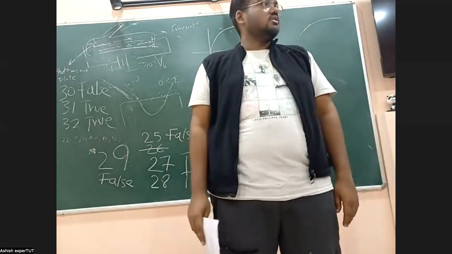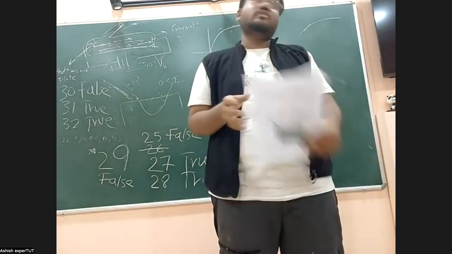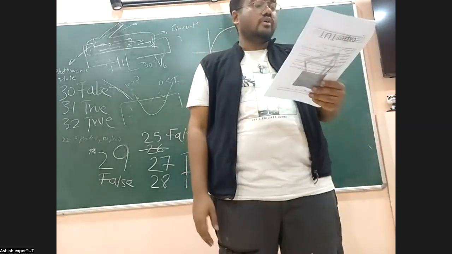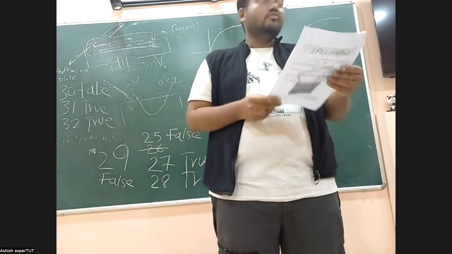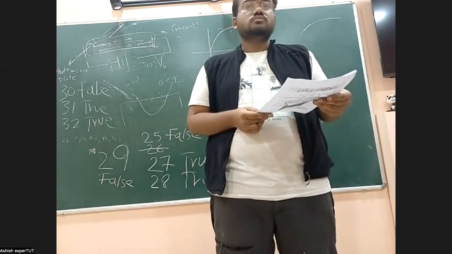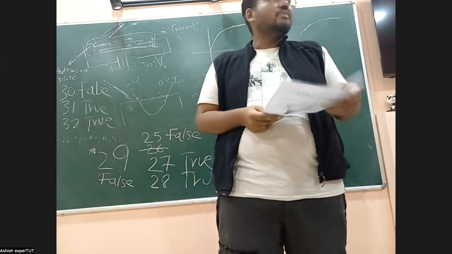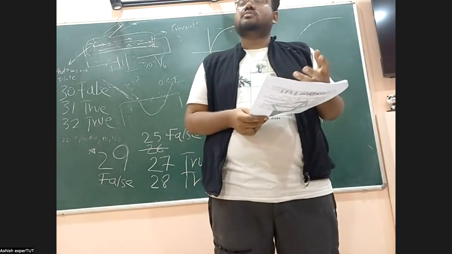Metal A has a work function of 20 joule, metal B has a work function of 30 joule. The question is, from which metal will more photoelectrons come out?